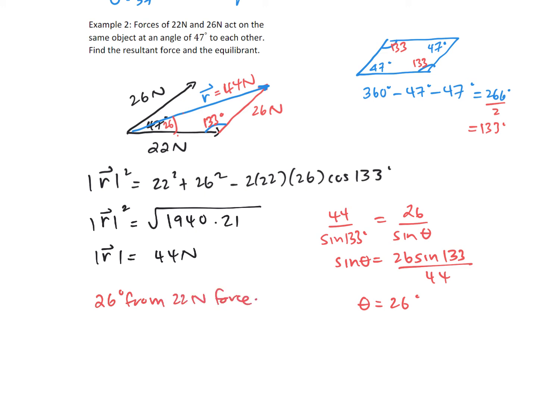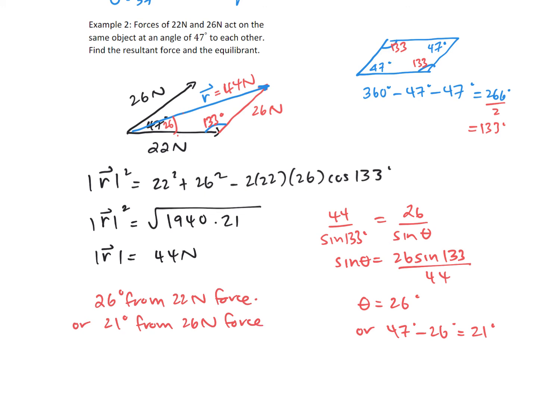That's one way to describe it. If I wanted to describe it in relation to the 26 Newton force, I would take the total angle, which was 47. I would subtract 26 to find the distance from the 26, which works out to be 21. So I could say it's 21 degrees from the 26 Newton force. So both answers are acceptable.